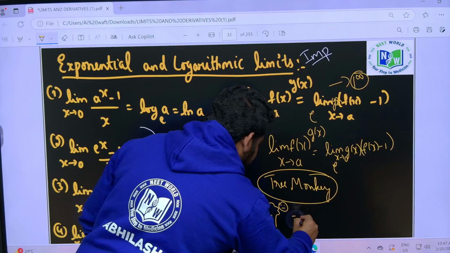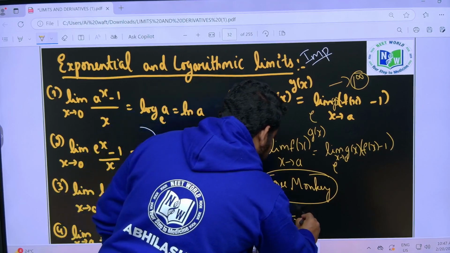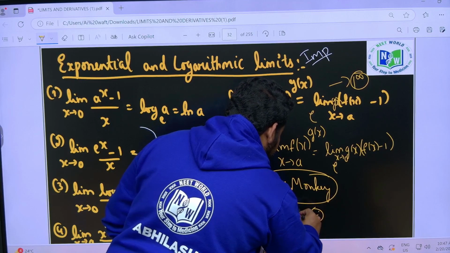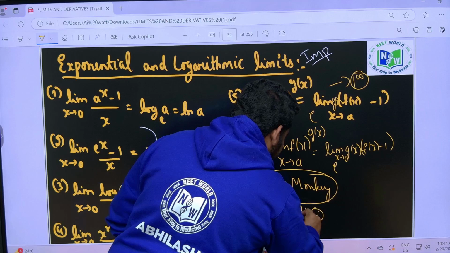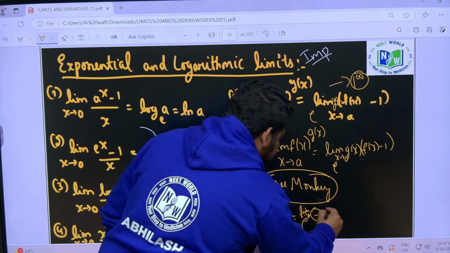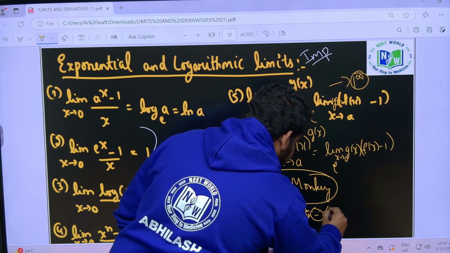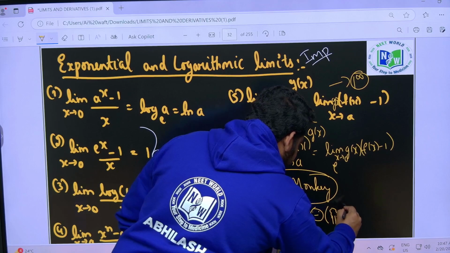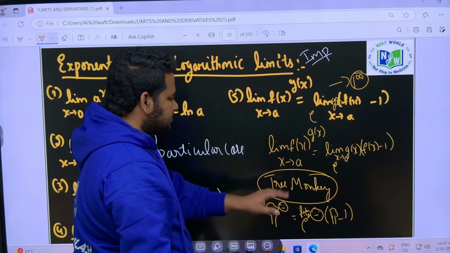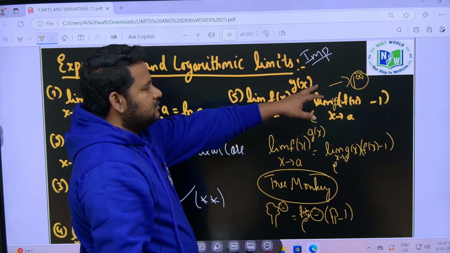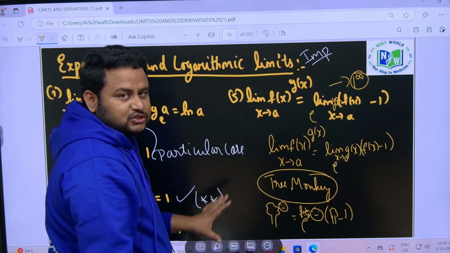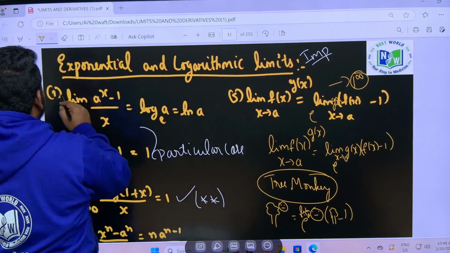This will become e power, this monkey will come down, limit extending to a, and this tree will multiply with tree minus 1. Here this tree is f of x, and this monkey is g of x. So this is called the tree monkey property, and it is useful for evaluating 1 power infinity. You will understand this while solving questions. Let us solve some questions based on this.